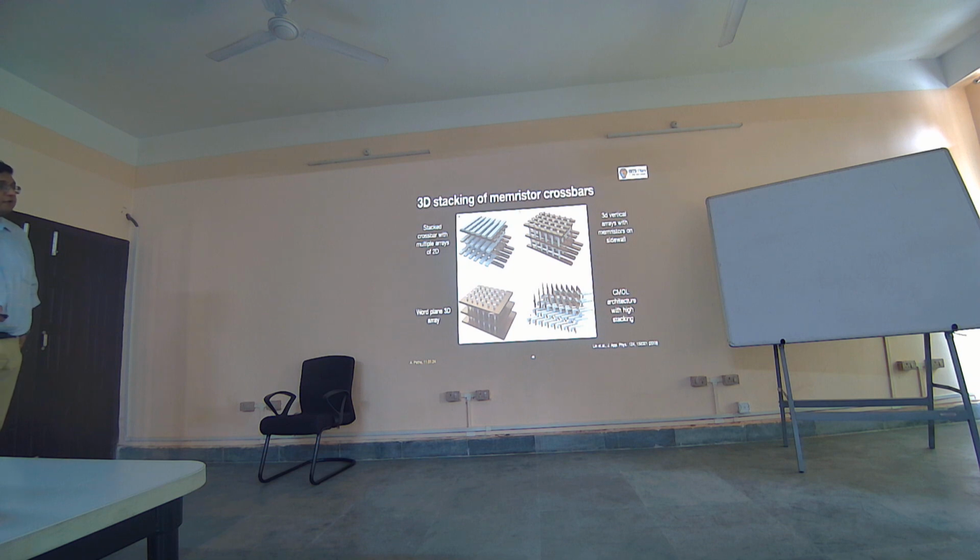The third way is similar to the 3D NAND, where we have a 3D NAND array where there is a metal, an insulator, and a metal on top. Right? And the fourth one is a CMOS architecture, which is most complicated to build because there is no way to make this in silicon as of now today. But topologically, this will give you the highest packing density for the memristors.